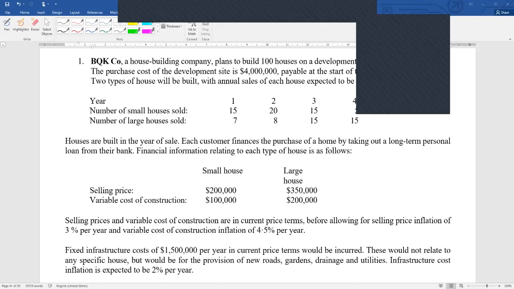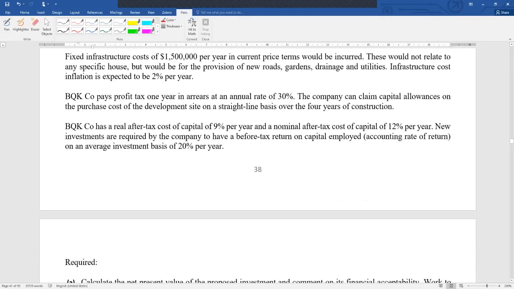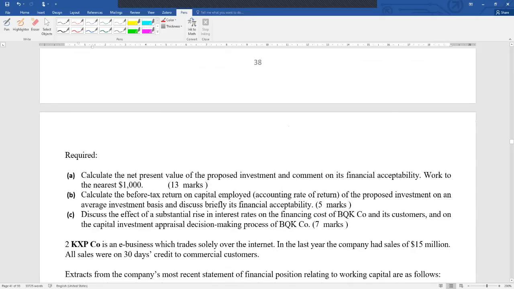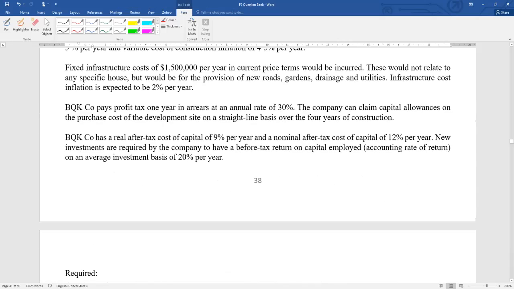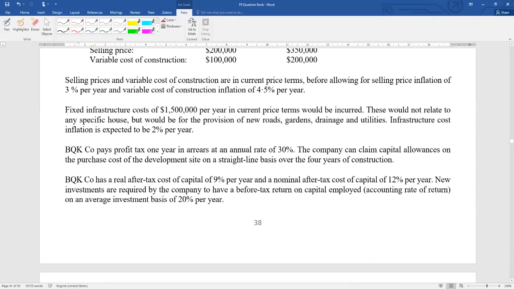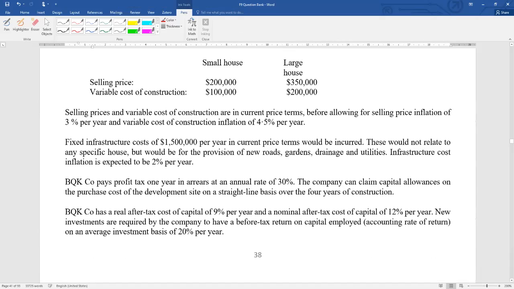Just go through the question. Here you are meant to get the NPV. Work to the nearest 1,000. Since each of the variables is subject to its own unique inflation, like selling price at 3%, variable cost at 4.5%, fixed cost at 2%, then we need to use the nominal approach.